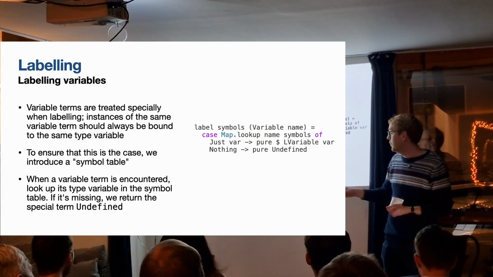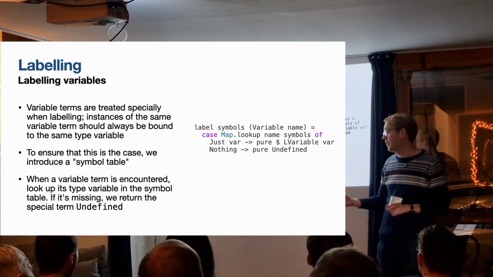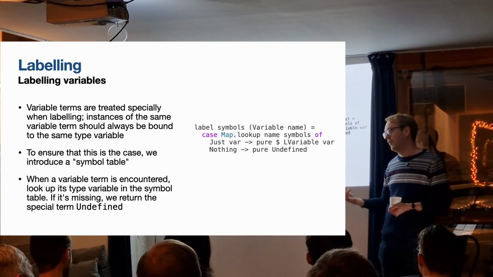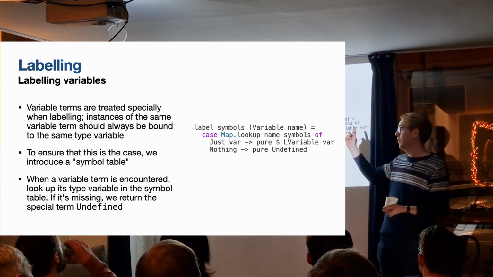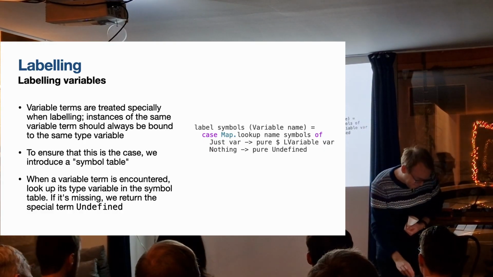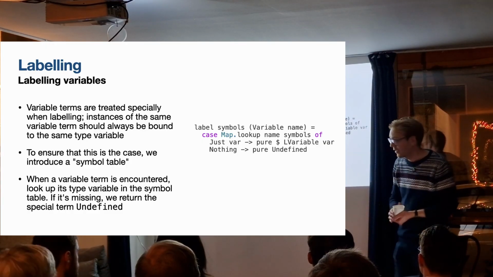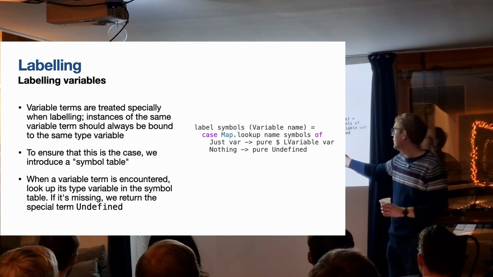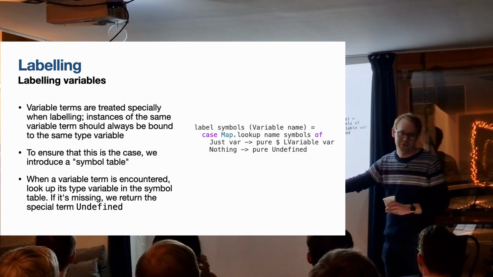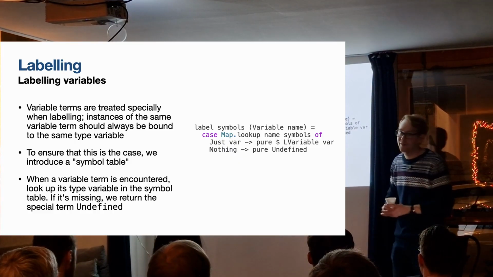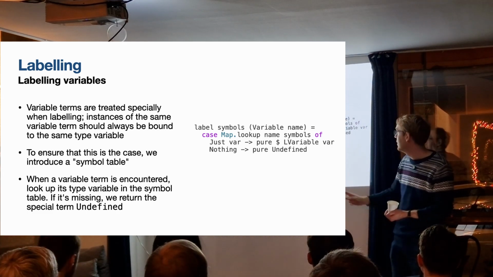But yeah, the important point to get is that if we've seen the same variable term before, we should reuse the same var. And then another trick. I said before that we didn't want this pass to fail, because basically the first labeling pass can't fail, except in this one case.